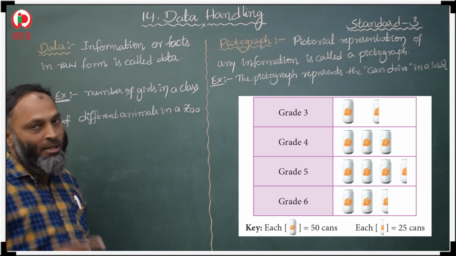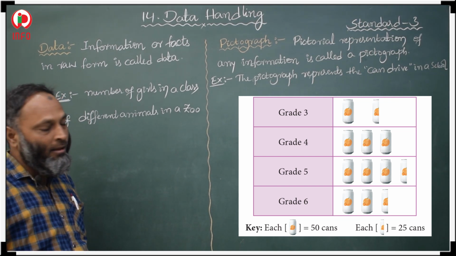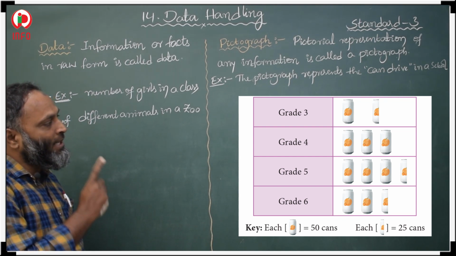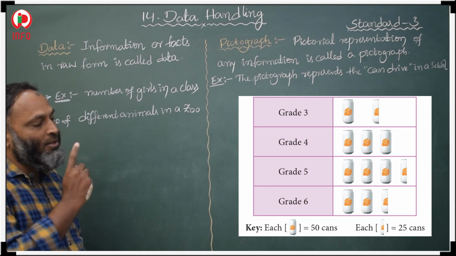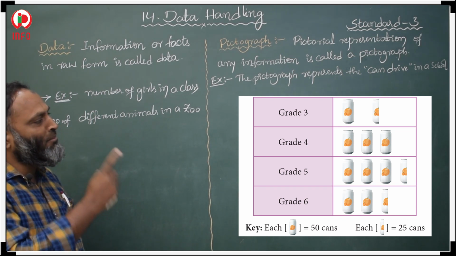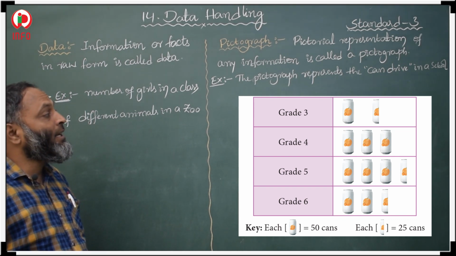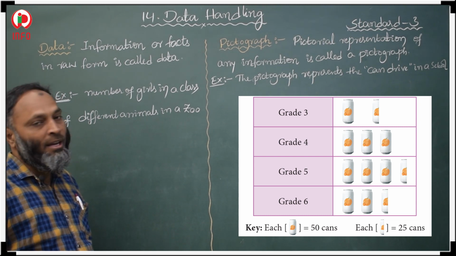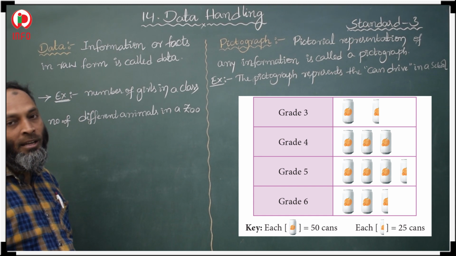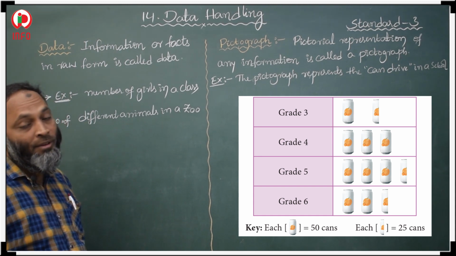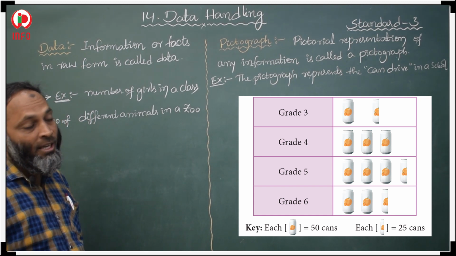Then half can means 25 cans. In grade 3, 1 can and half can, that means 50 plus 25, which is 75 cans needed for grade 3.